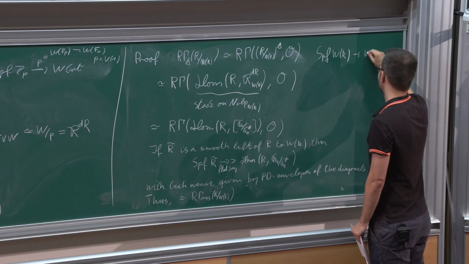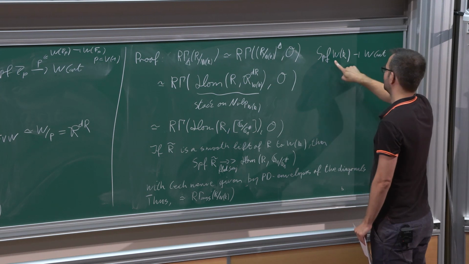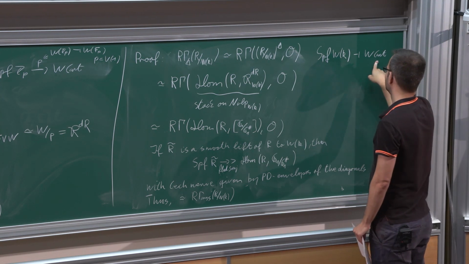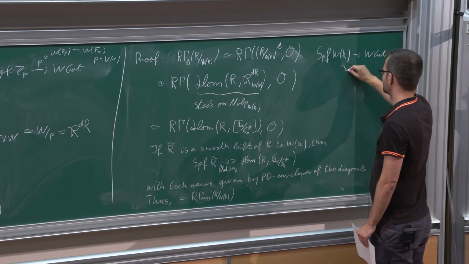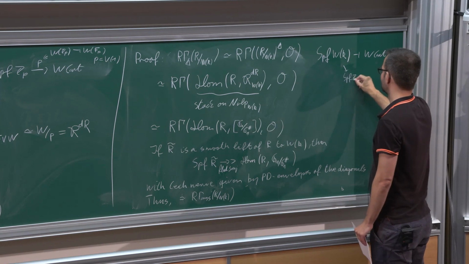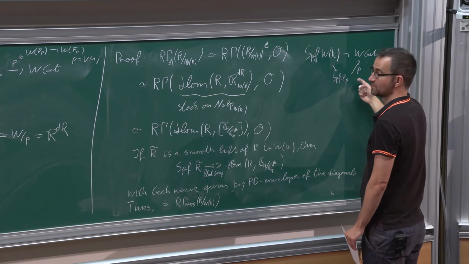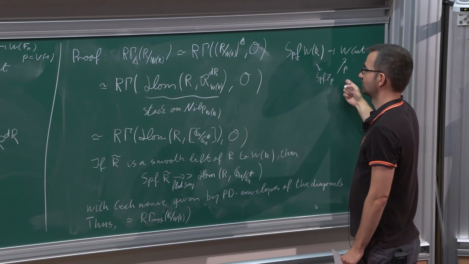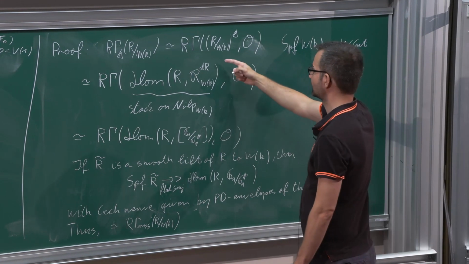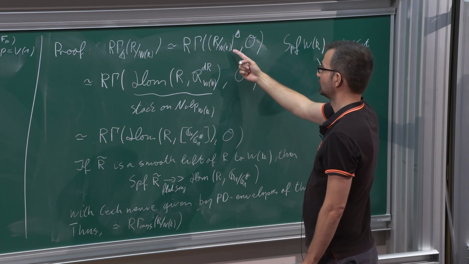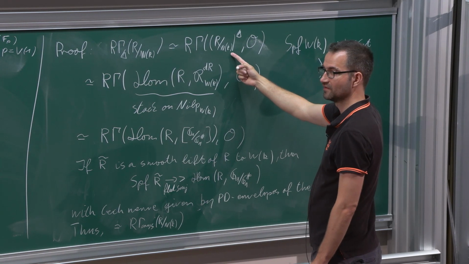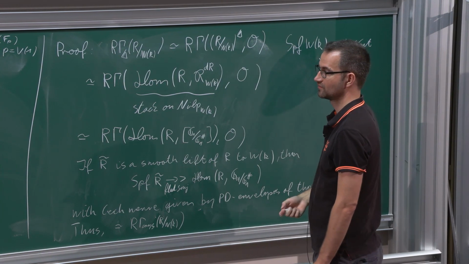It was via the map from W(K) to W_card, but this just factors over this map here. And so therefore, the ring stack underlying the relative prismatization for W(K) is just the base change of this R_dR.